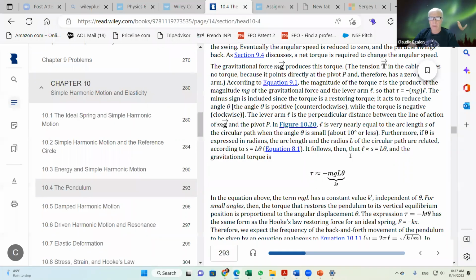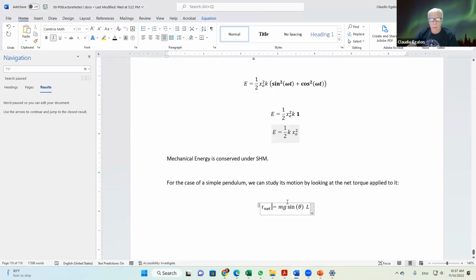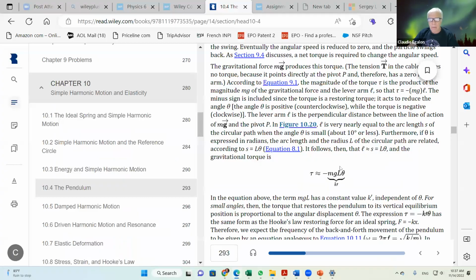Oh, there is one more thing. This torque is in the clockwise direction. Consequently, we must have a negative sign here. But then there is a little difference between this equation and mine.